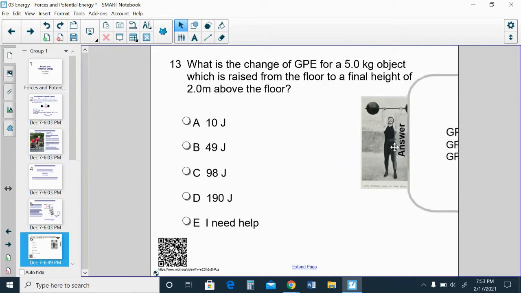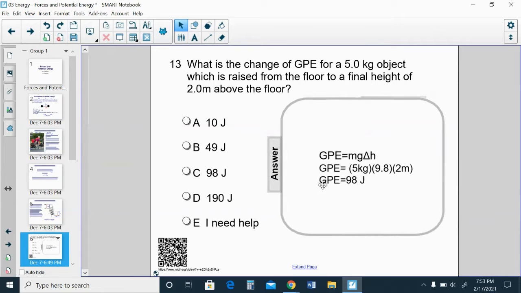Okay, so the correct answer is 98 joules, which is answer C. For this, you're just putting in the information. So we have our gravitational potential energy equals mg, change in h in this case. So 5 kilograms times the 9.8 meters per second squared for gravity times 2 meters equals 98 joules.